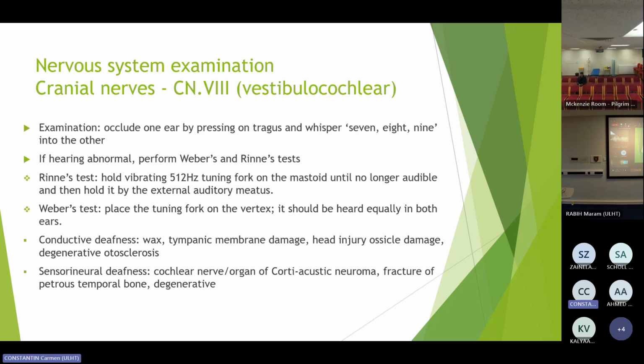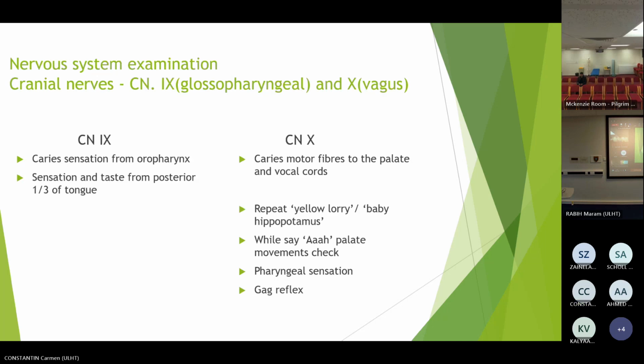And yes, we have the conductive deafness and the sensorineural deafness, especially remember in acoustic neuroma, we have the sensorineural deafness very often seen. The conductive is generally from local obstruction by wax, or we have the membrane damage, or we have the head injury with small bones damage, and also in otosclerosis.